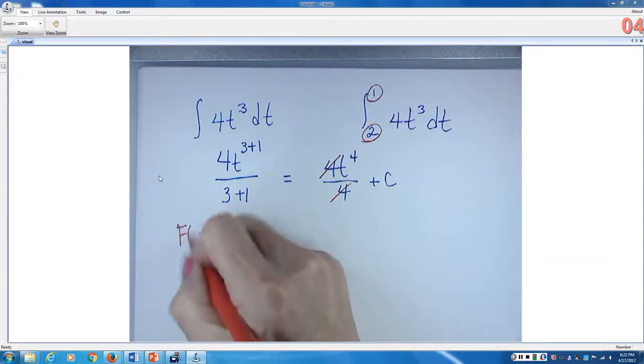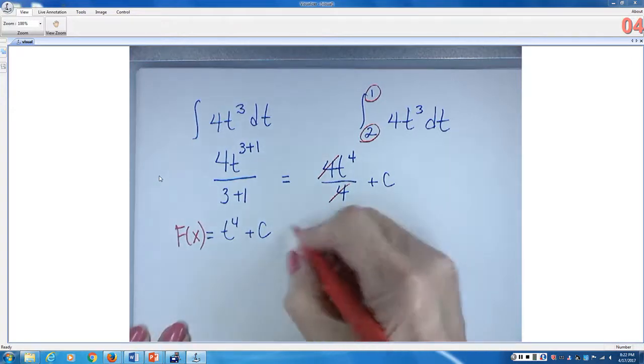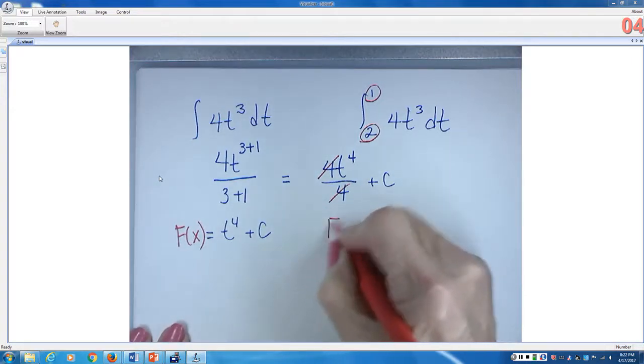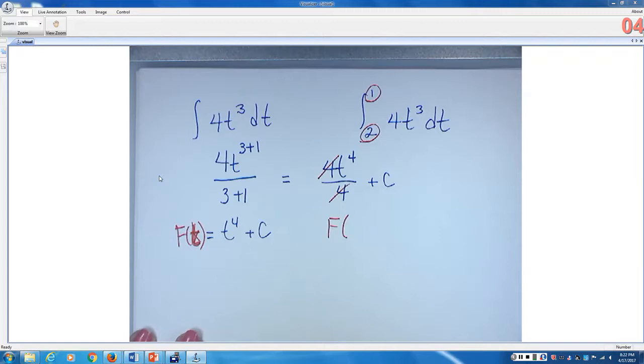This is capital F of x. That's your antiderivative. What we're going to do is we're going to take capital F, not capital F of x, it's f of t, I'm sorry. Unlike y'all, I think they ought to use x and y all the time. It's just simple.